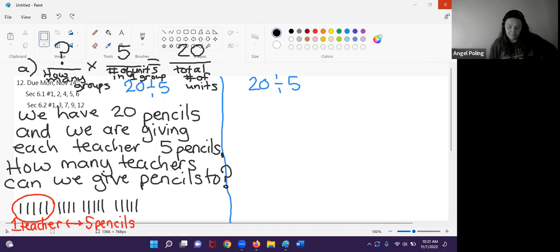So just a warning. A lot of times this class isn't about the answer, it's about the setup, right? And do you understand the setup itself, that this situation is asking us to find the groups, and we're going to take this little red circle, right, and put it over.